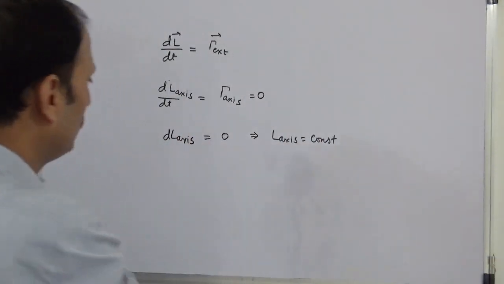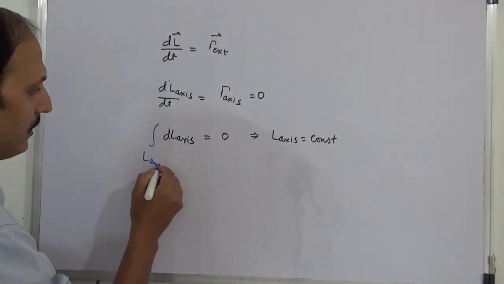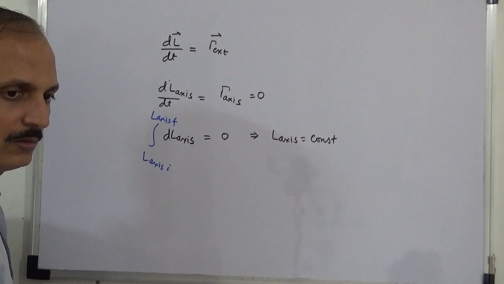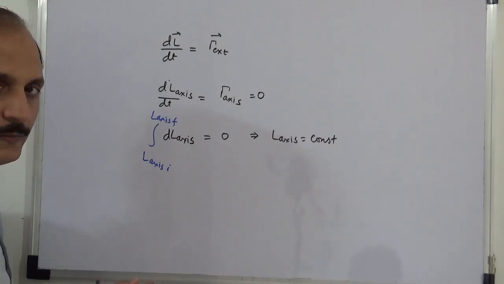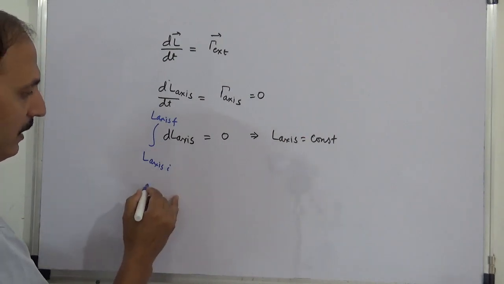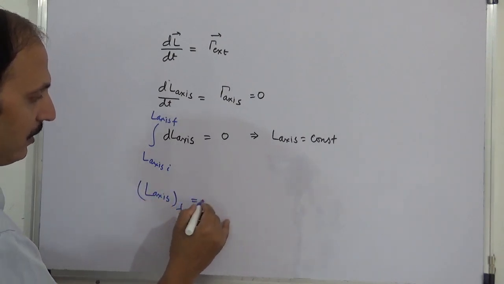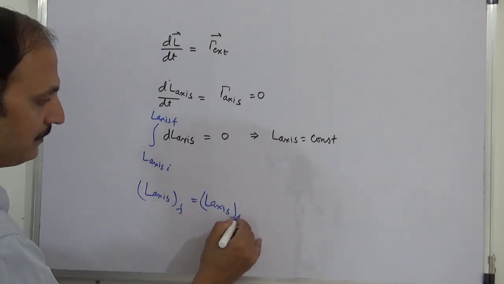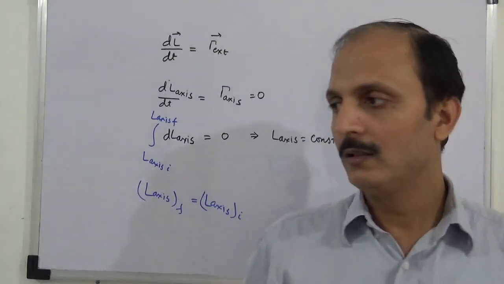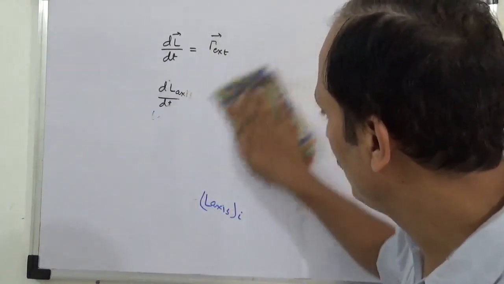Or you can do this integration also: L about that axis initially equals L about that axis finally. So I can write L about that axis final equals L about that axis initial, and this is conservation of angular momentum. Okay, very easy, very effective, very useful.